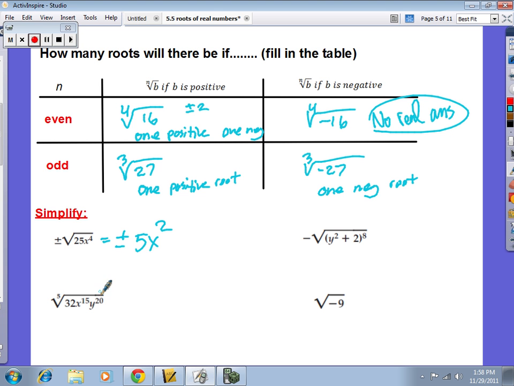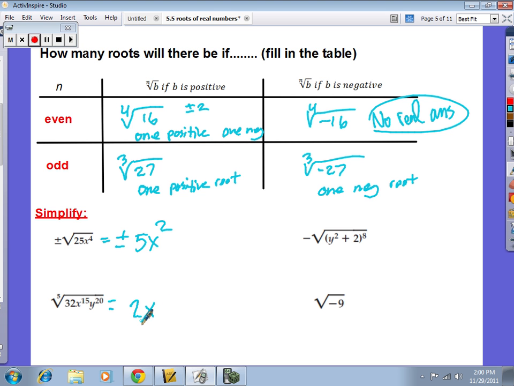Okay, what's the fifth root of 32x to the 15th y to the 20th? So it's going to be 2. But now let's do your variables. What is the fifth root of x to the 15th?